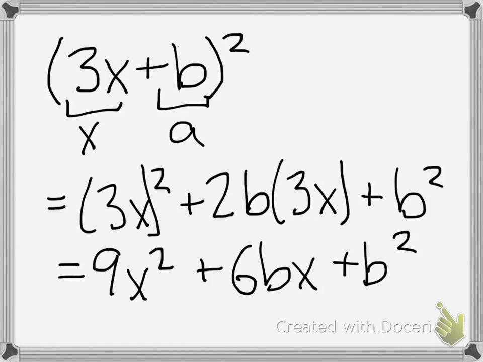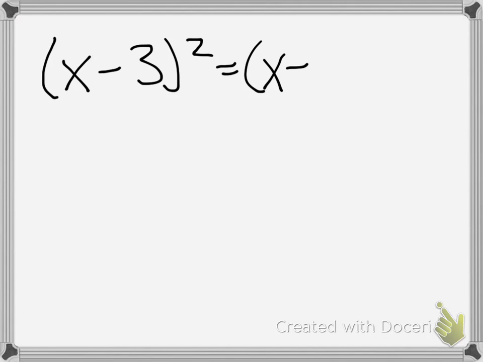Just a little bit easier, but it can still be useful. Now I have essentially the same thing if I had a binomial difference instead, right? Maybe I have x minus 3 squared. That's x minus 3 times x minus 3.